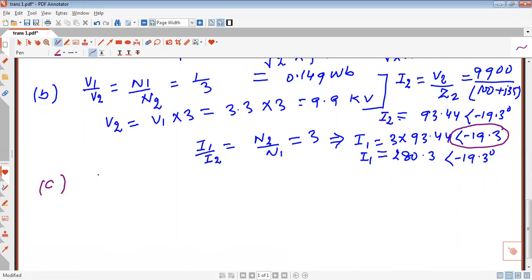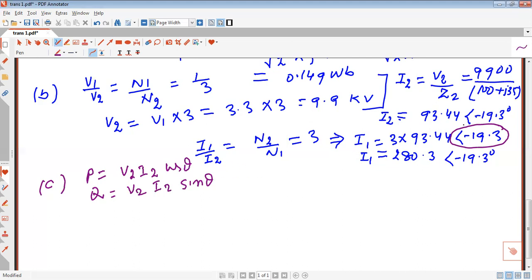So we can directly use this formula for secondary real power: P will be equal to V2 I2 cos theta, and Q will be equal to V2 I2 sin theta. So we can use this relation and find the value.